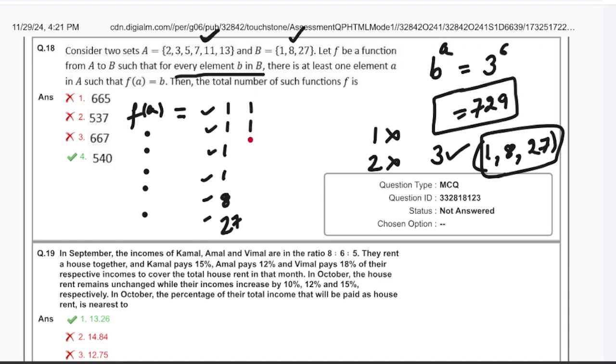Or it is possible that we can have 3 identical, then one element twice, and the third one different. Or we may have every element twice. That means we have to count these cases where all the 3 elements are present. So this can be done in 3 different ways. Let's understand that.